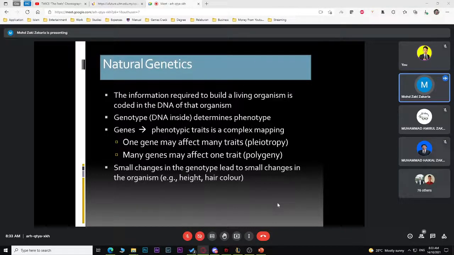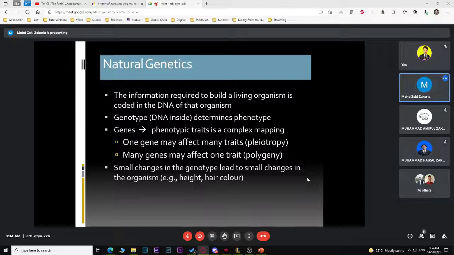Okay, natural genetics is a biological process. The information required to build a living organism is coded in the DNA of that organism. Genotype means the DNA inside, which determines the phenotype. Phenotype means the chromosome; genotype means the DNA inside.